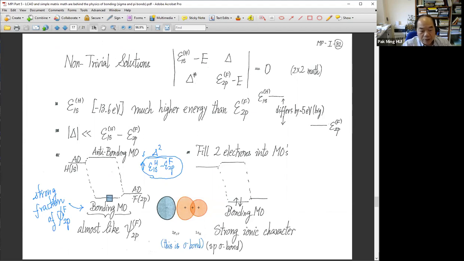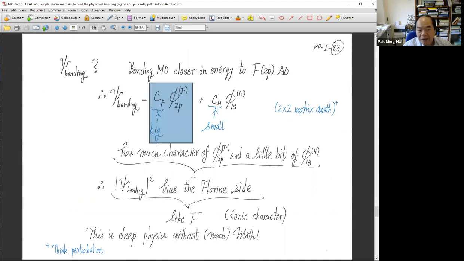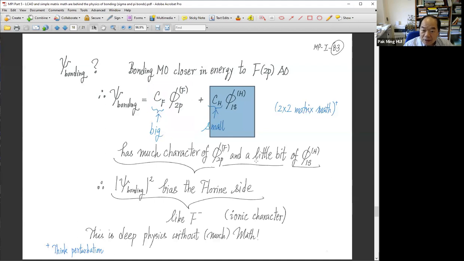Okay, so the picture now becomes what is ionic bond. The linear combination will have a big weighting of the fluorine p and a small weighting of the hydrogen 1s. So 2 electrons occupy this state.